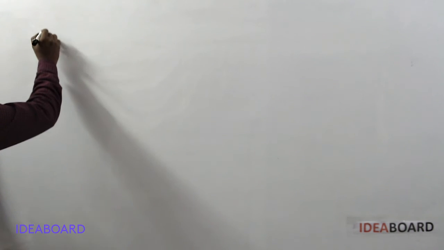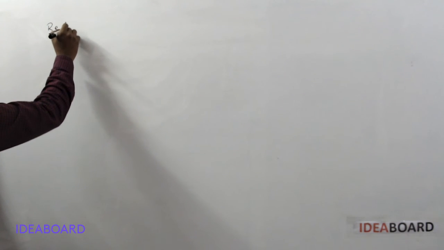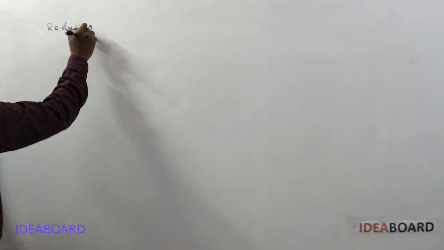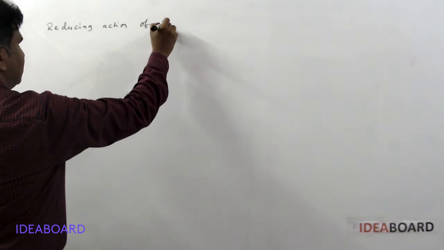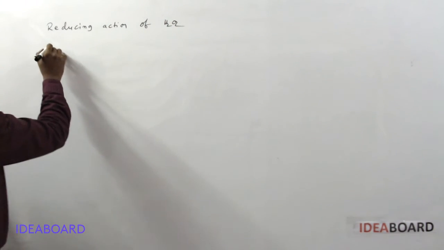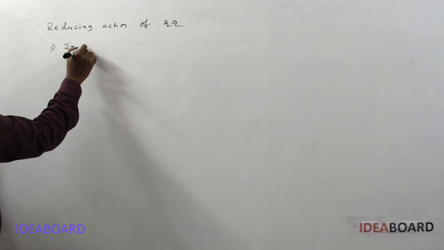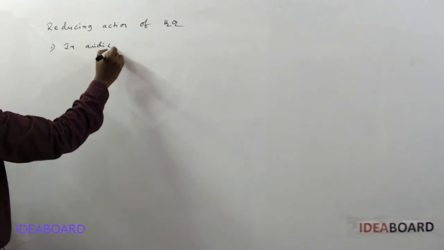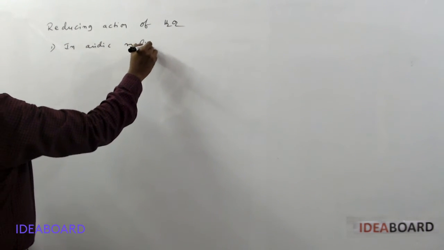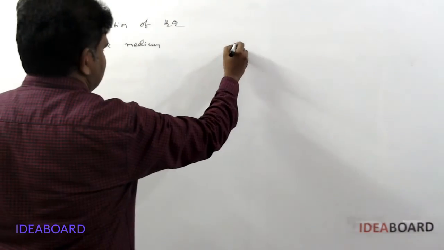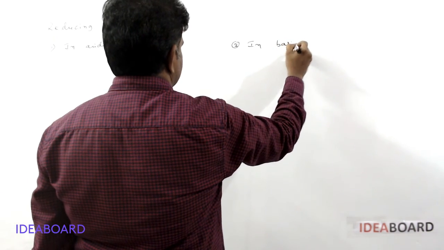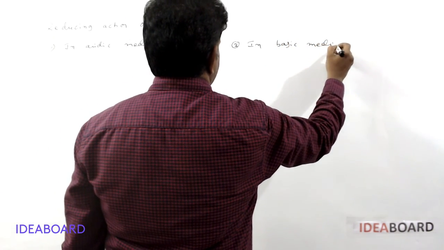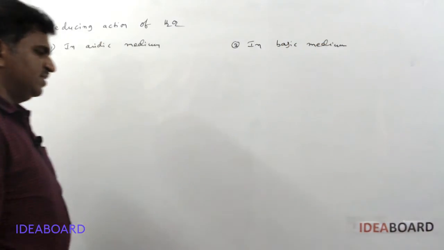Next, reducing action of hydrogen peroxide in acidic medium. Simultaneously we will see basic medium.